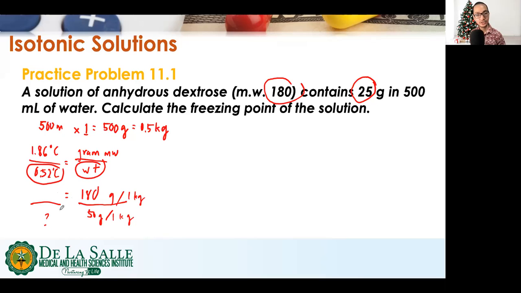And because we are looking for the freezing point of a solution containing 25 grams of dextrose in 500 milliliters of water, or 50 grams of dextrose in 1 kilogram of water, which is the solvent, we will compute for the freezing point given this formula.